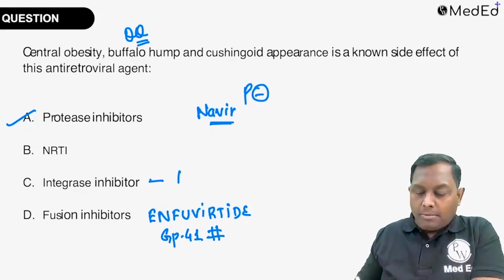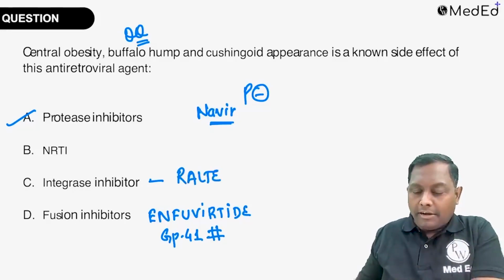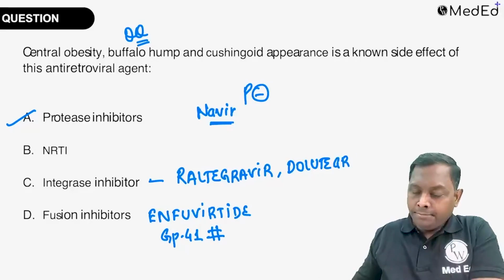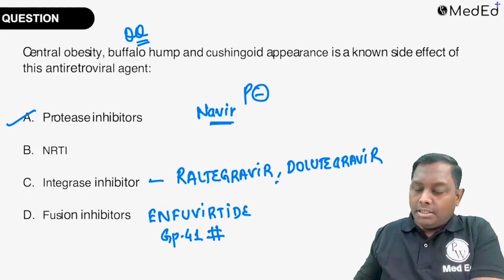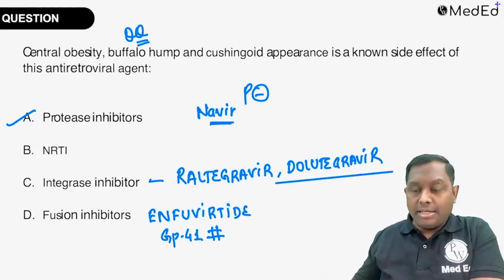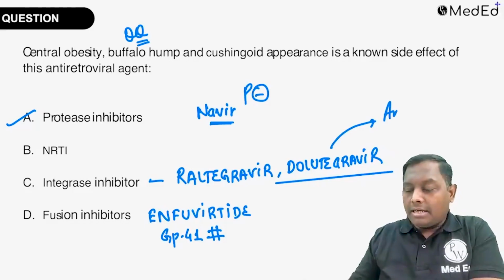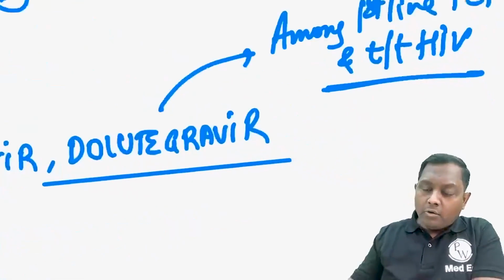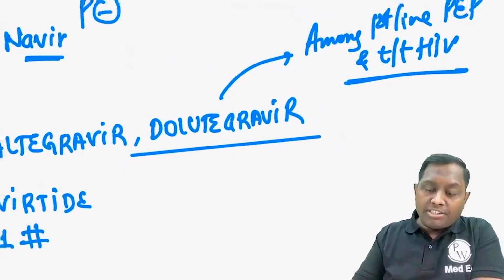Integrase inhibitors are drugs like raltegravir, dolutegravir, elvitegravir. They all end with tegravir. These integrase inhibitors are currently among the first line drugs for post-exposure prophylaxis and also for the treatment of HIV.